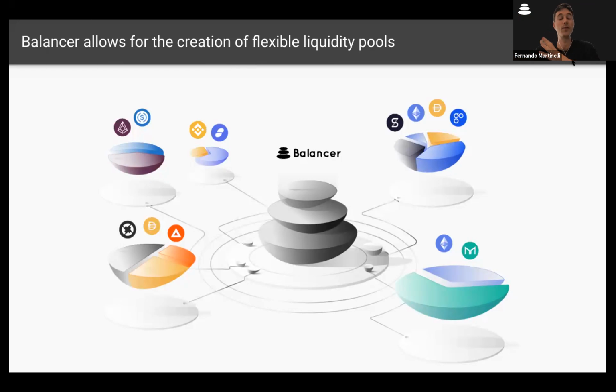Balancer pools also have trading fees, and we have a flexible choice for them, so you're not always forced to have a 0.3% trading fee like on Uniswap. You can choose 0.0001% or all the way up to 10%. Our idea is to be fully flexible and to be a primitive for people to build on top of and get creative.